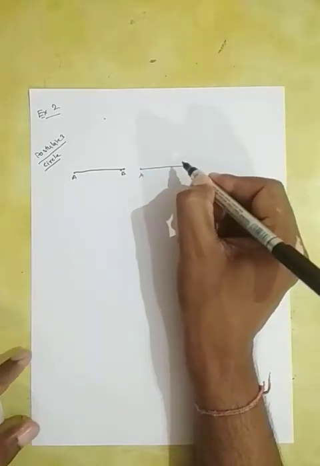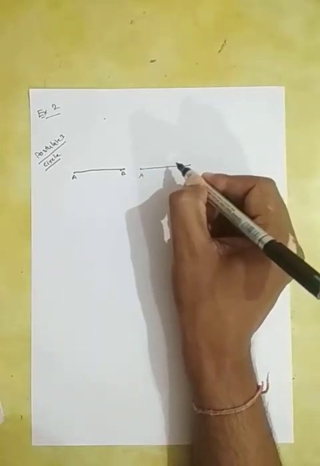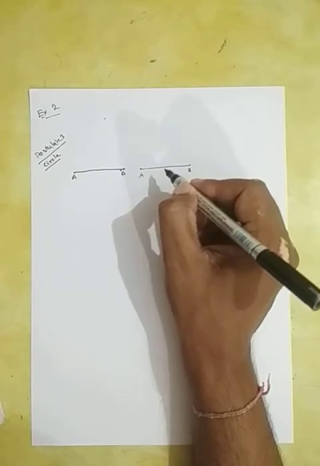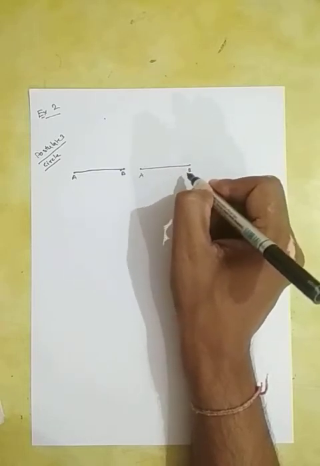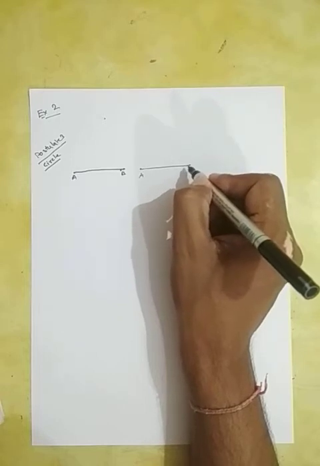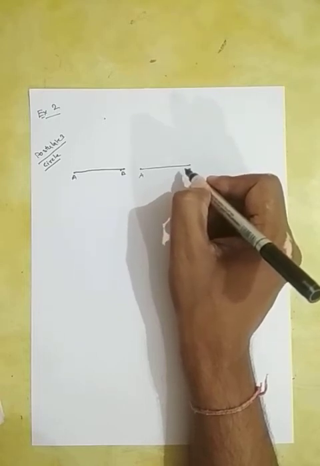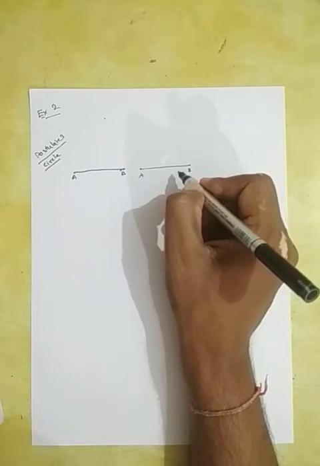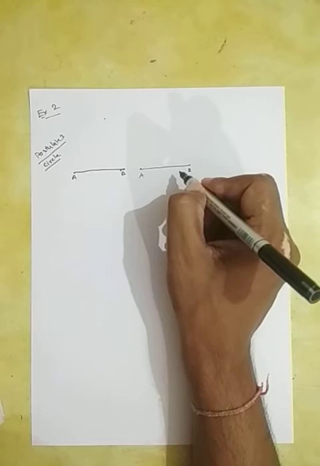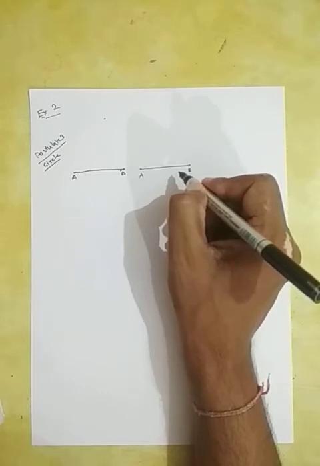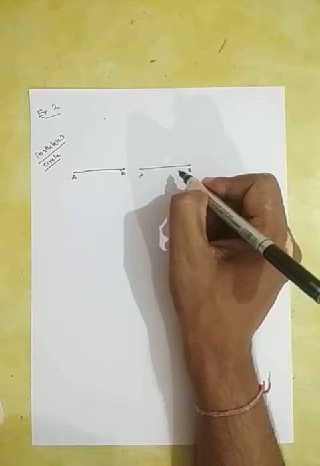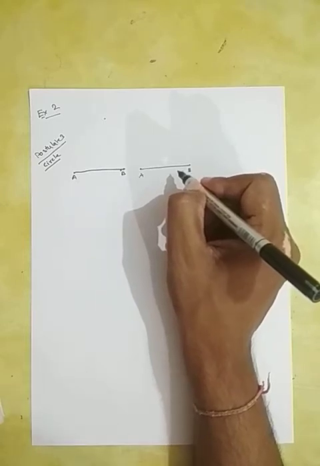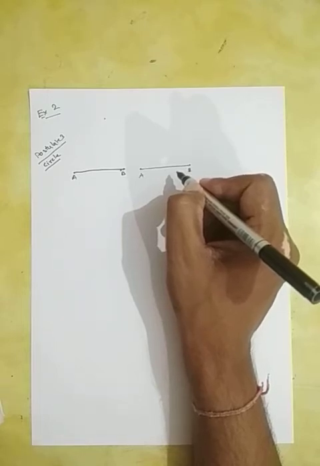We assume A as a center and AB as a radius. To construct a circle, we need only two things: a radius and a center.